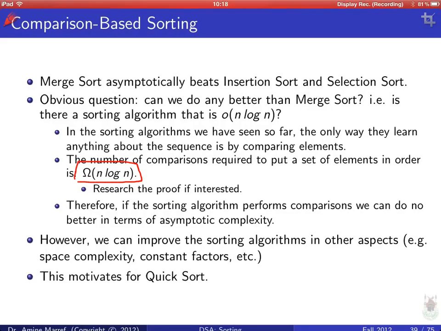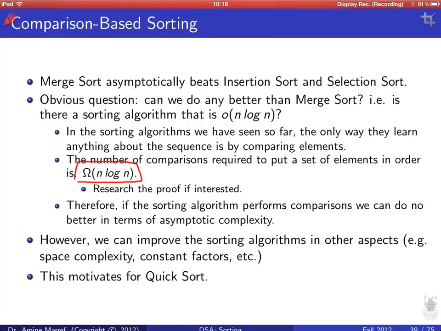Or has a growth slower than n log n. Okay, let me not confuse you. There is no sorting algorithm which is based on comparisons and is more efficient than n log n.